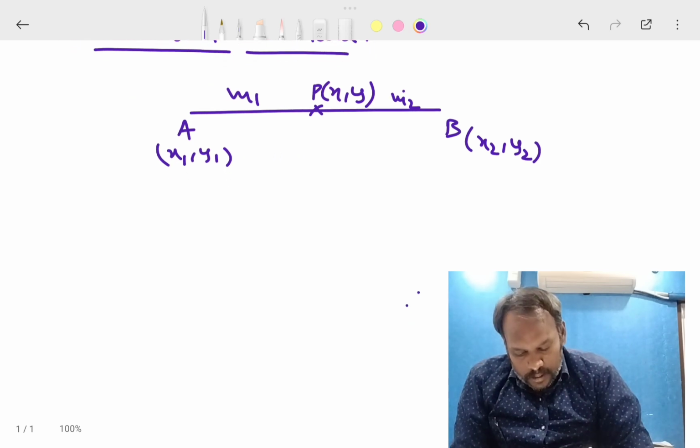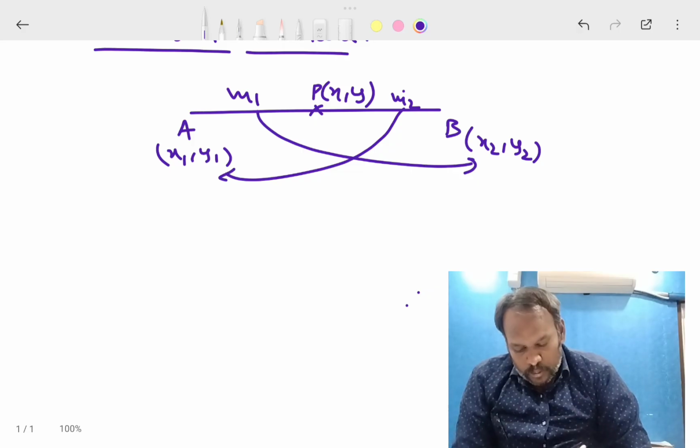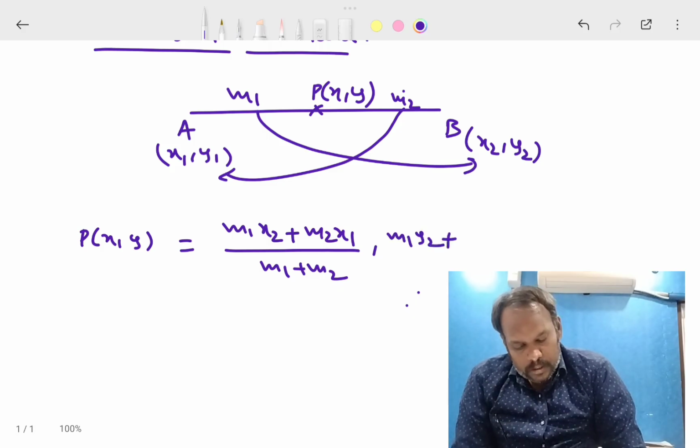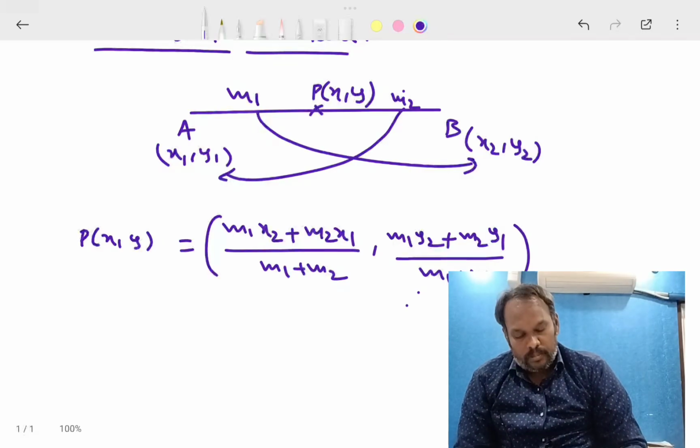How to write this? P (x, y) equals (m1 x2 plus m2 x1) by (m1 plus m2), next (m1 y2 plus m2 y1) by (m1 plus m2).